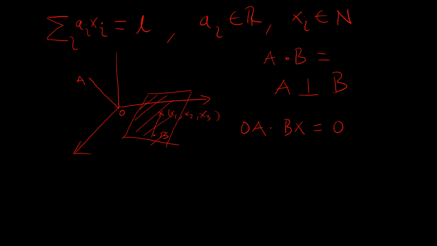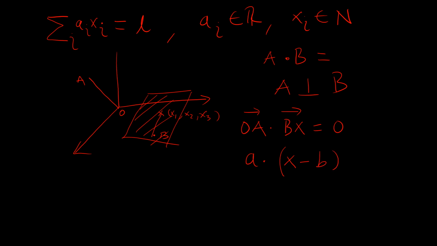So let's denote OA with vector A, and sometimes I use an arrow just to indicate a vector. And then here we have vector bx as vector x minus vector b.